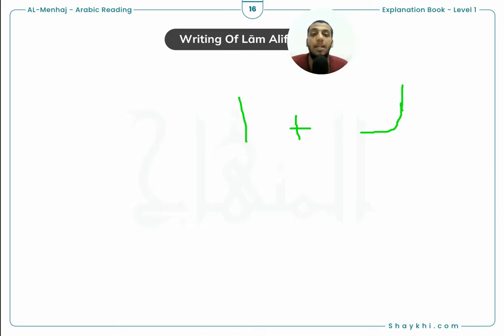Why is it not accurate? Because we don't have a letter called Lam Alif. But because Alif doesn't come at the end of the word, they need a letter before it to be able to pronounce it. So they chose the letter Lam, but actually there is no letter called Lam Alif. Okay, so let's see this point.